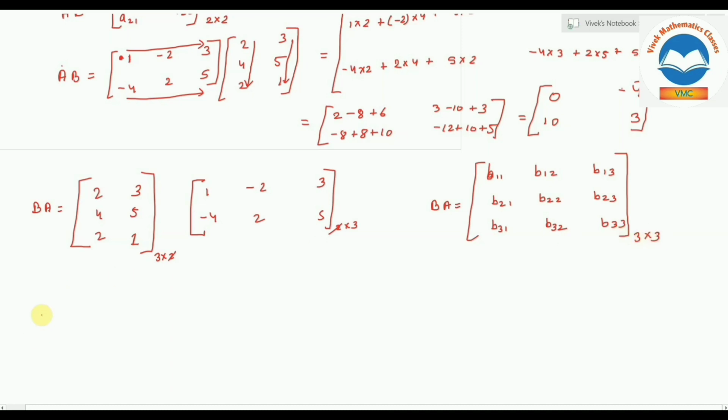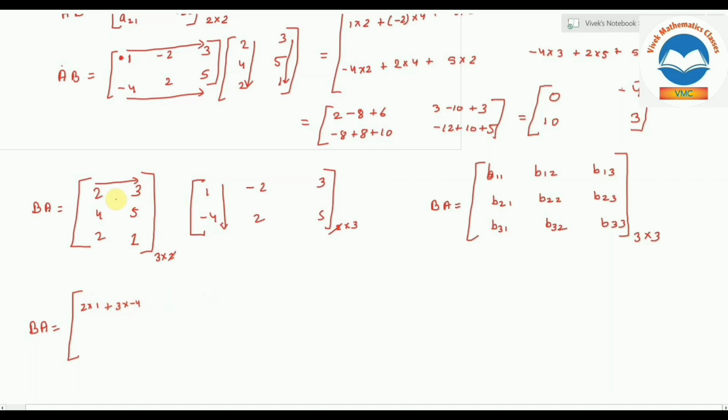So we will find out this BA. The first row of B and the first column of A, if you take, then you will get B11. 11 means first row, first column. So we will multiply this. We will get 2 into 1 plus 3 into minus 4.